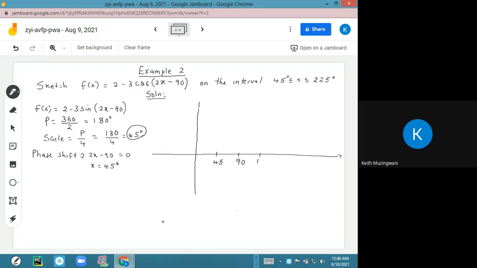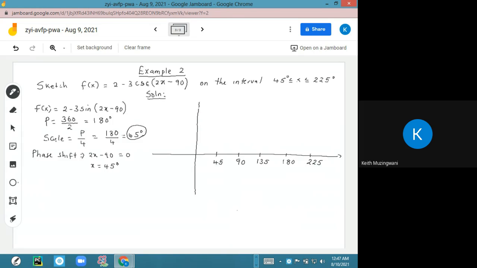It is 135. 135 plus 45 is 180. What is 180 plus 45? We get 225. And the interval says we end at 225. So we end there.